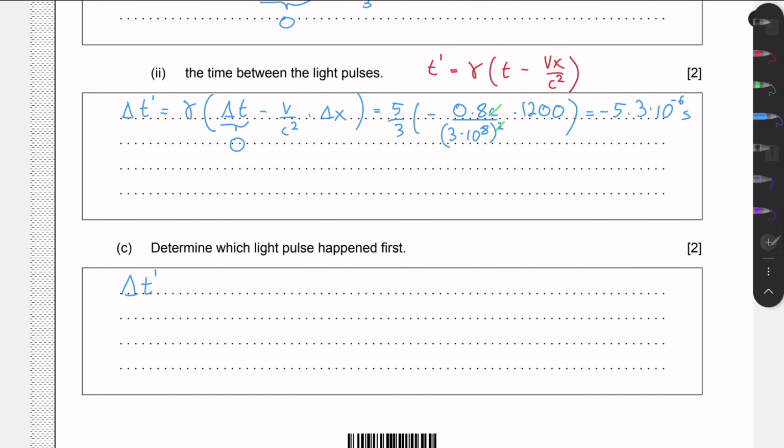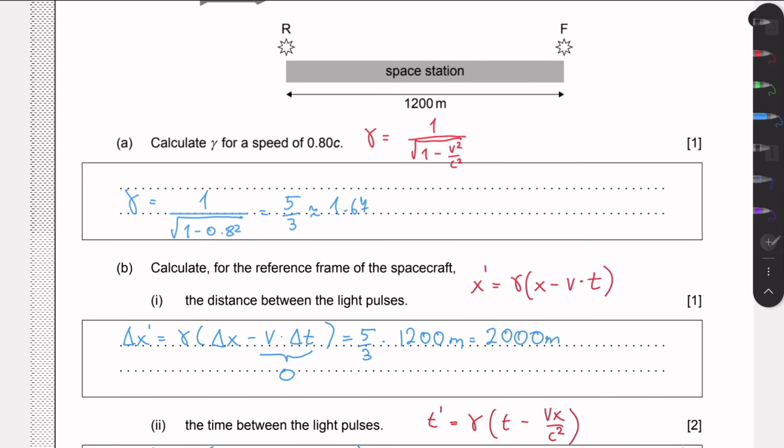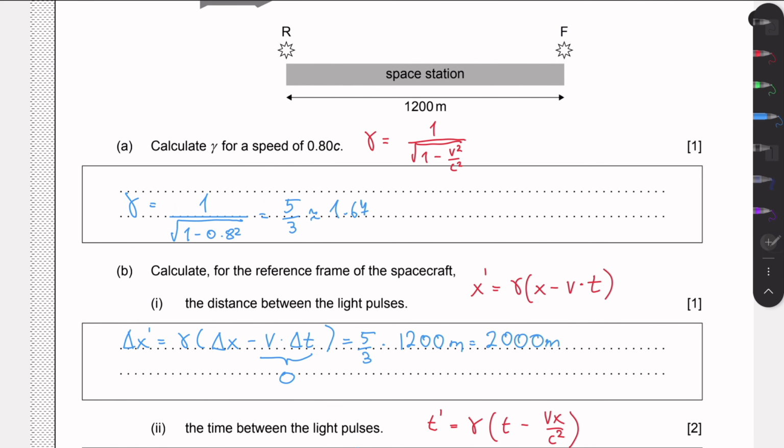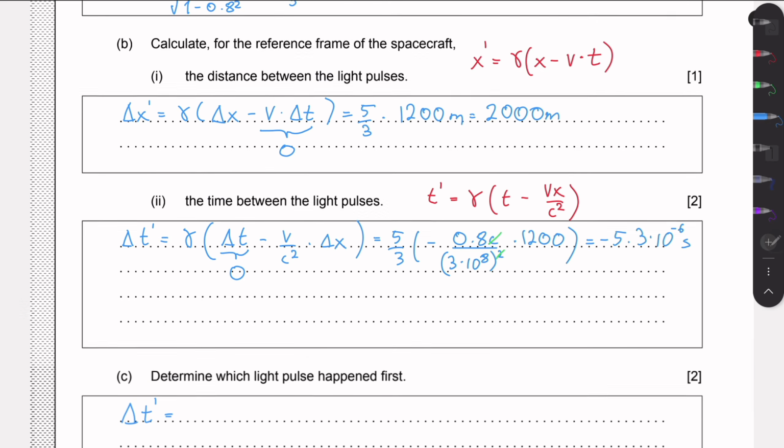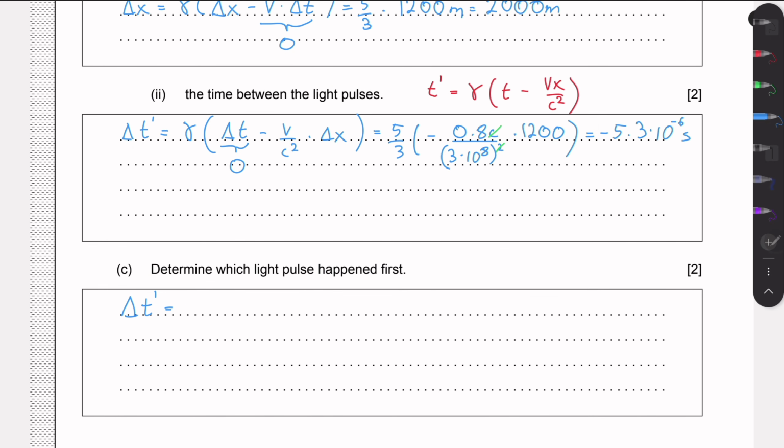So, well, we need to think about what this delta t prime actually is. This delta t prime is the difference between the two events. So it technically is just the time at which F happened minus the time at which R happened. So we can say t prime F minus t prime R. And we know that this here is negative from the previous part. So we know that this is smaller than 0.